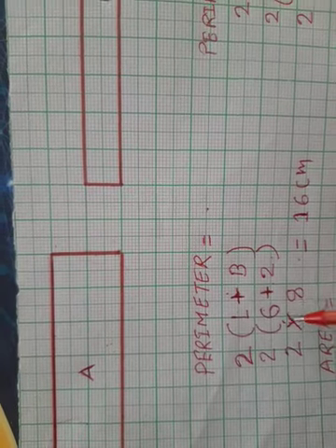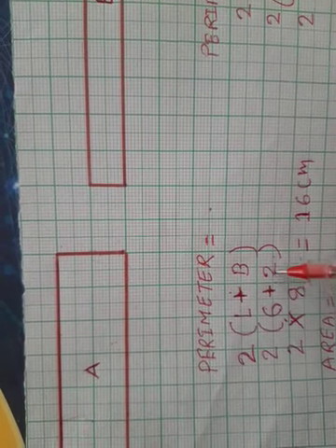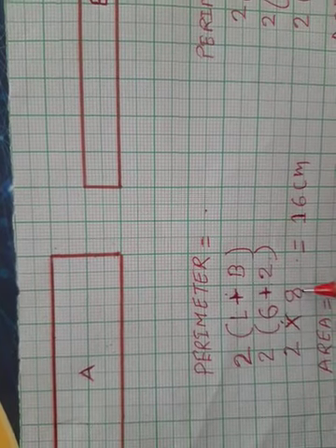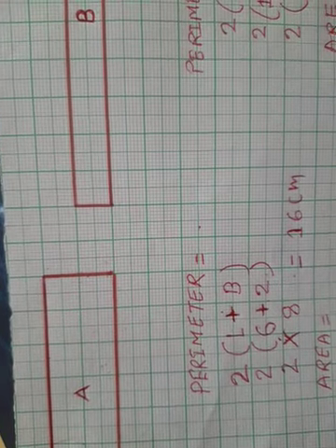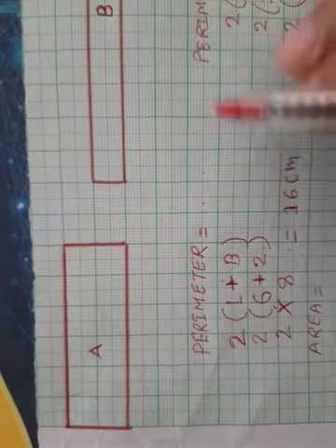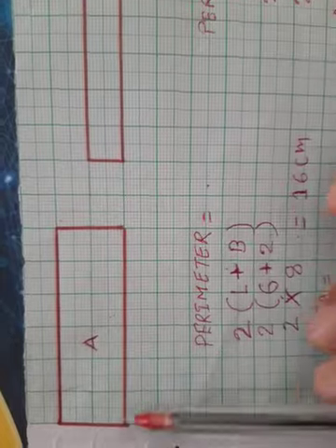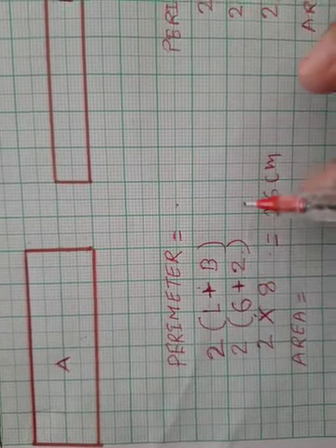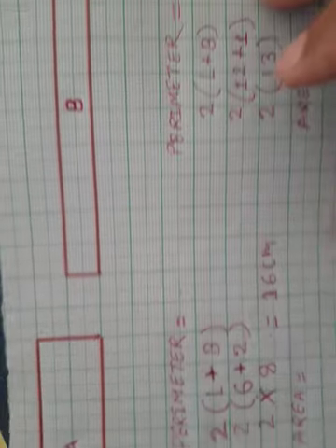So 6 plus 2 is equal to 8. 2 into 8 is equal to 16 centimeter. We find that after manually counting we got 16 centimeter, and through this formula also we got 16 centimeter.